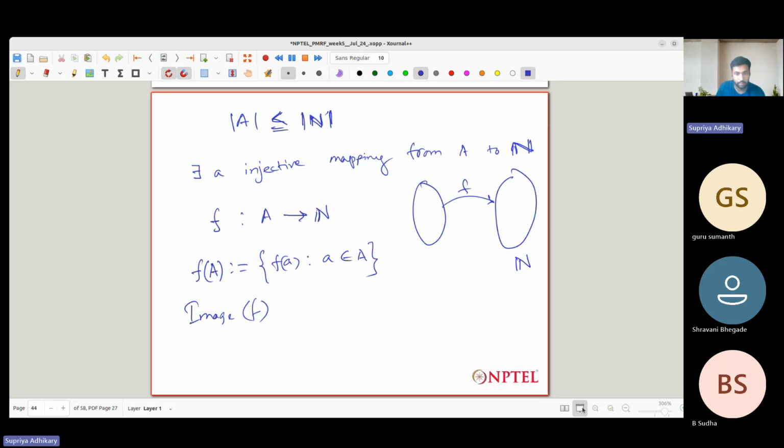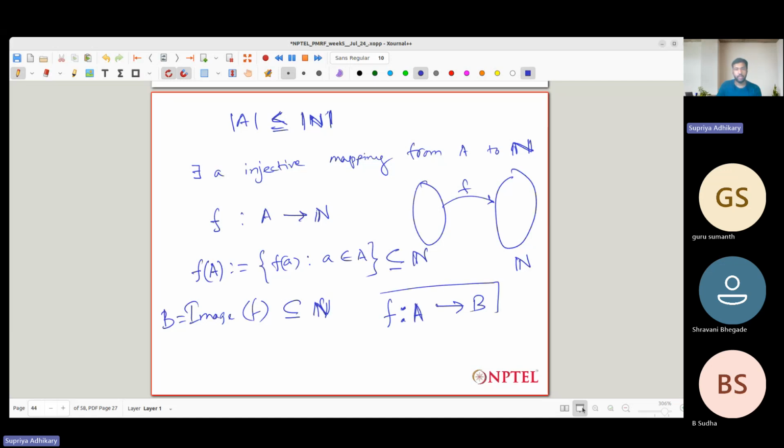So definitely this f of A is a subset of N. Now consider this B. If we consider this map f from A to B, it was a map defined from A to N, but if we restrict the codomain to B, then for any element in B, there is always an element assigned in the set A such that f of a will be equal to b.